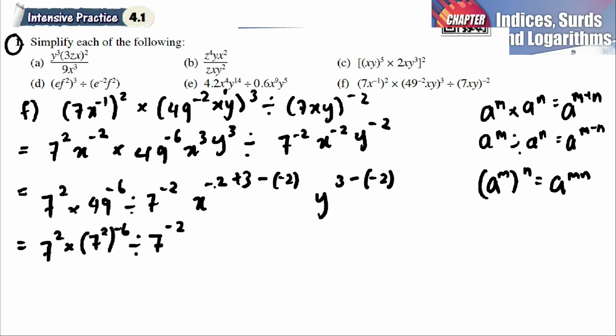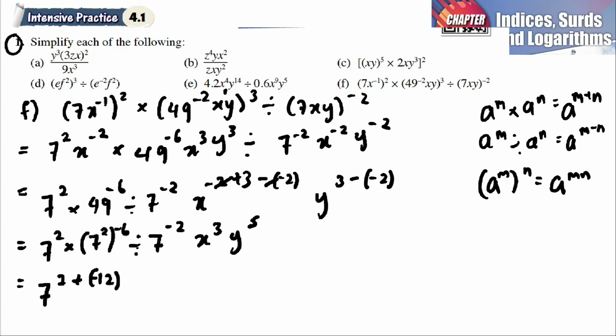So here negative 2 plus 2, we cancel out, x to the power of 3, y to the power of 5. In this case, you see 7 multiply, that means you have to add up their power. 2 times negative 6 is negative 12. So add up negative 12.